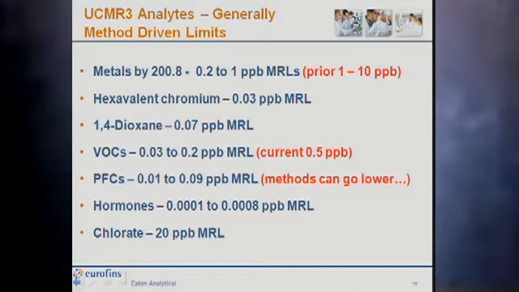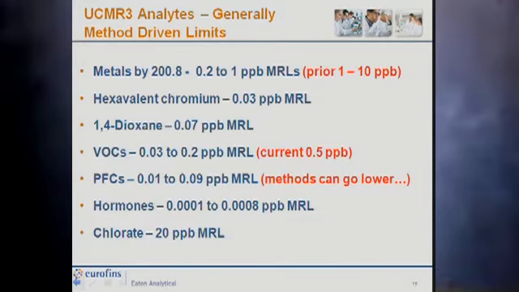VOCs, which we used to measure routinely at 500 parts per trillion, we're suddenly looking at levels of 30 parts per trillion up to about 200. The perfluorinated compounds, PFOA, PFOS, and some of the others, we're looking at 10 to 90 parts per trillion, and that's an interesting one because that's the case where the methods really can go a lot lower, and EPA sort of boxed themselves into a corner in terms of what they ended up with for a method there.